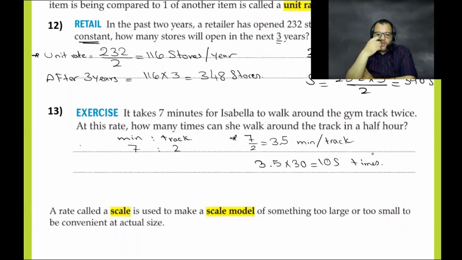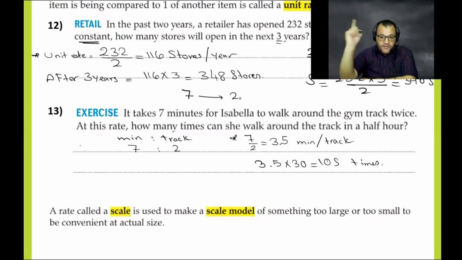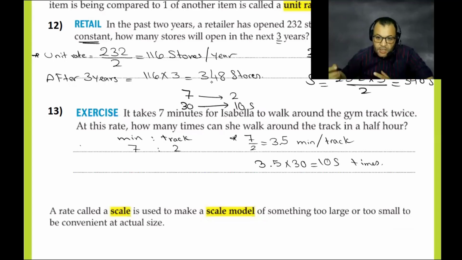So what do you think about the logic? If I need 7 minutes to cover 2 rounds, and I have 30 minutes, I will cover 105? We can calculate another way. In 7 minutes, I will cover 2 rounds.